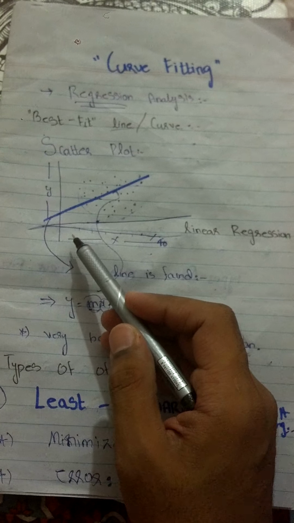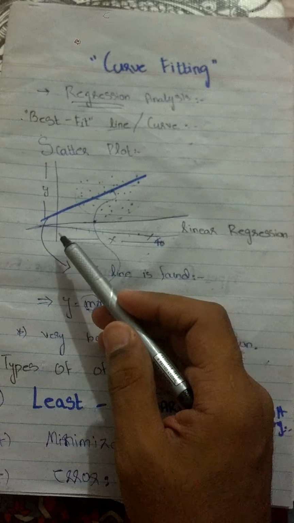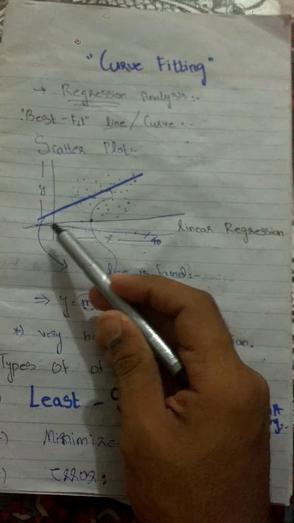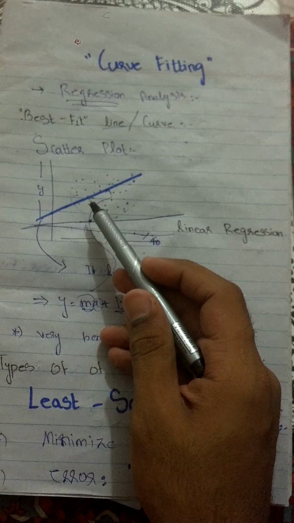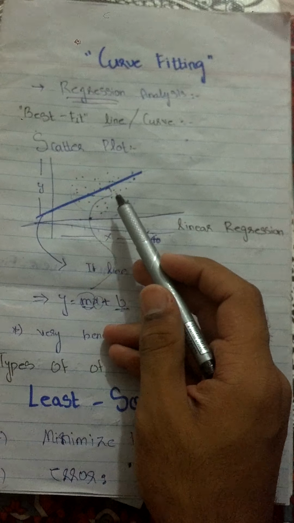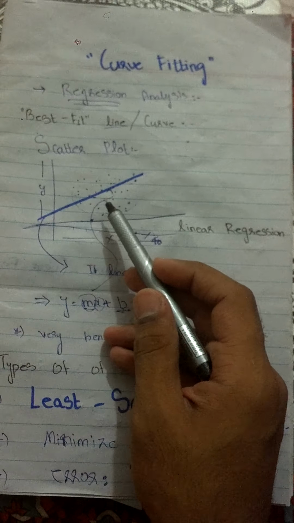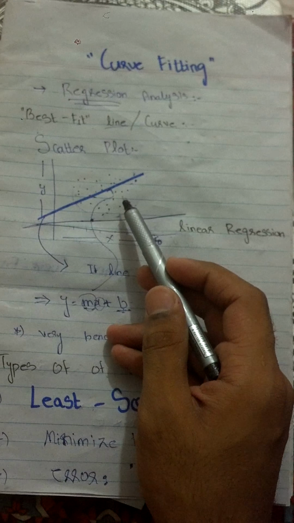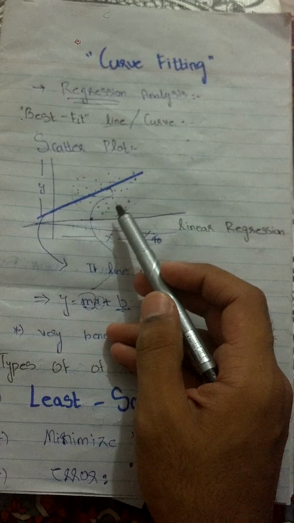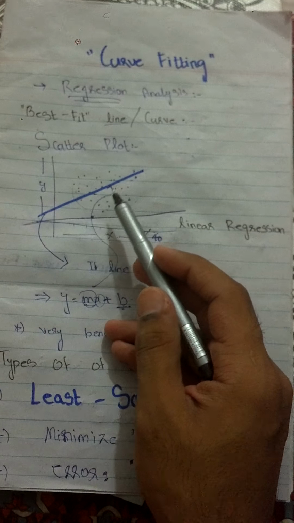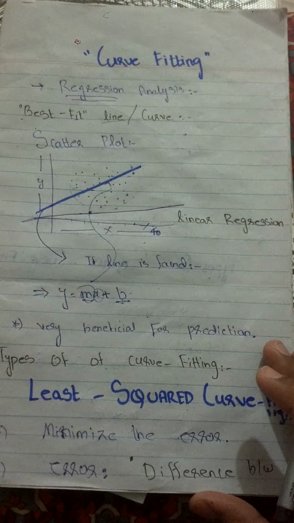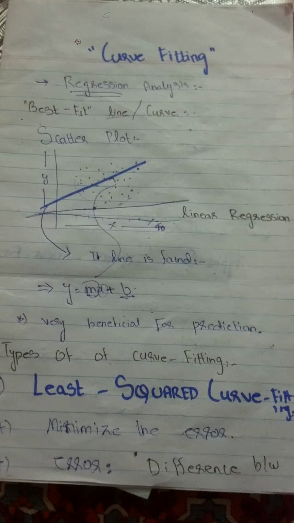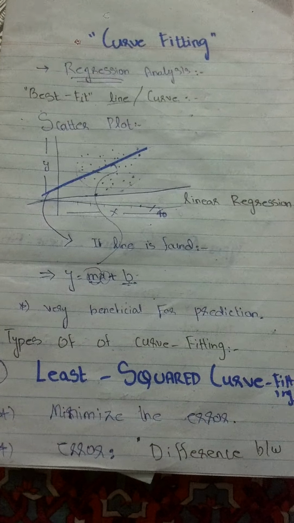On the other hand, the linear best fit line would be something like this, because it is passing through many of the data points in the scatter plot, and the other data points are really close to this line. So that is what we say is the best fit line in this case.